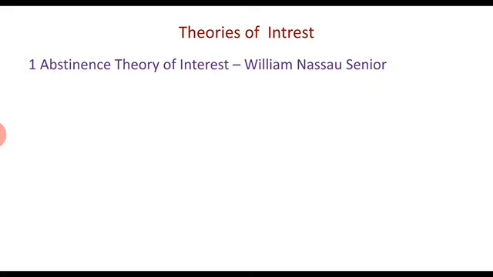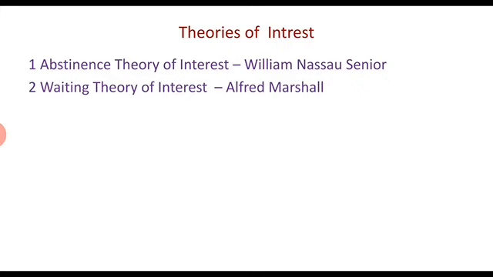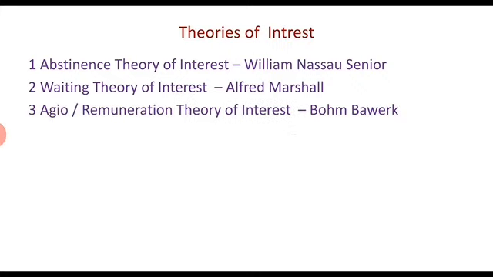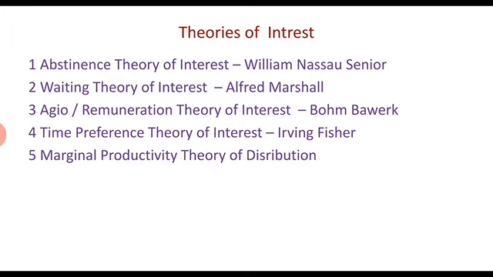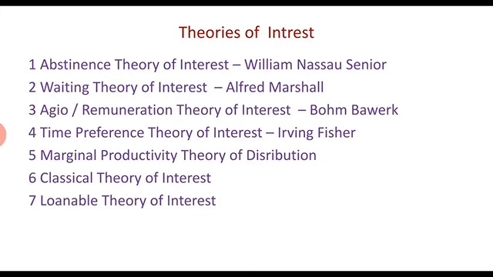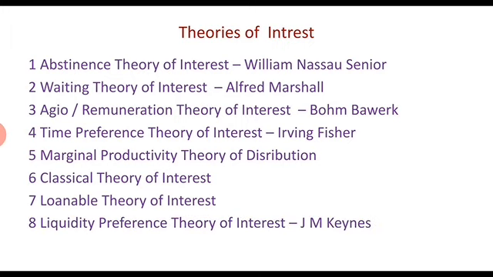The important theories of interest are the subsistence theory of interest by William Petty Sr., the waiting theory of interest by Alfred Marshall, the agio theory of interest or remuneration theory of interest by Böhm-Bawerk, the time preference theory of interest by Irving Fisher, the marginal productivity theory of distribution, the classical theory of interest, the loanable funds theory of interest, and the liquidity preference theory of interest by J.M. Keynes.